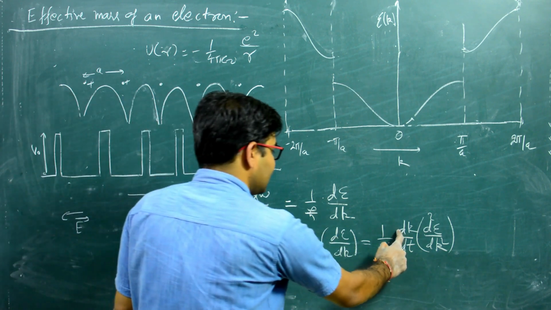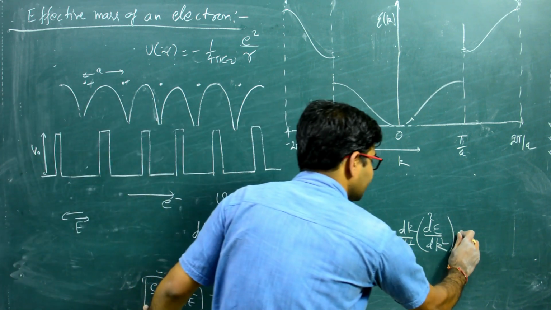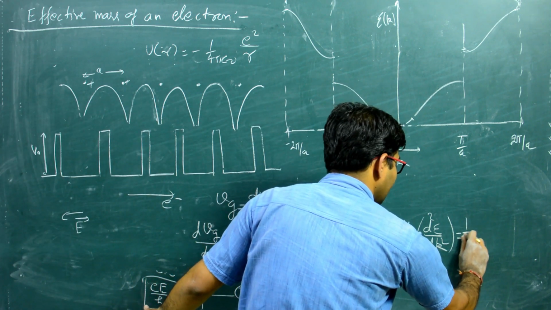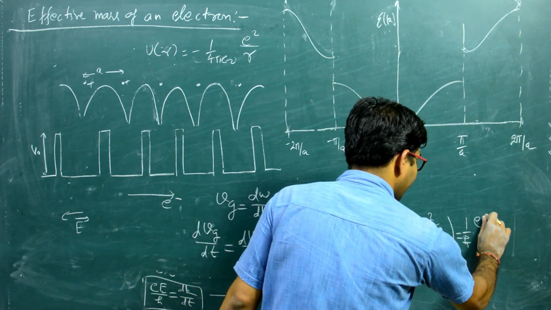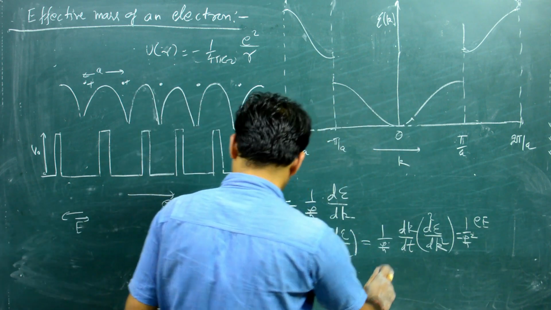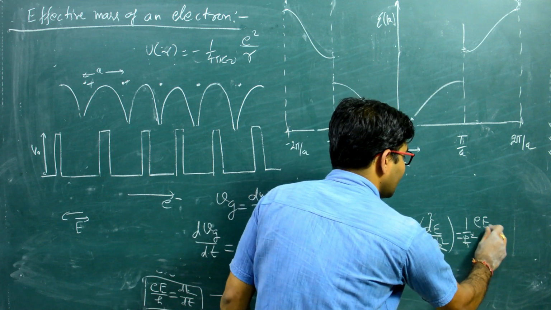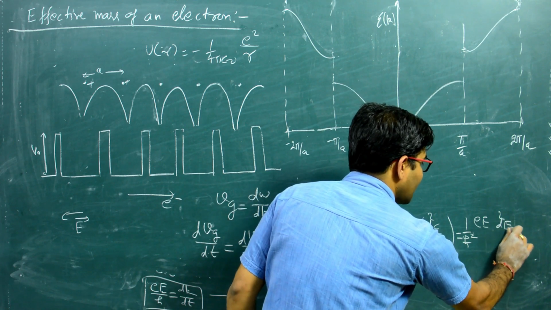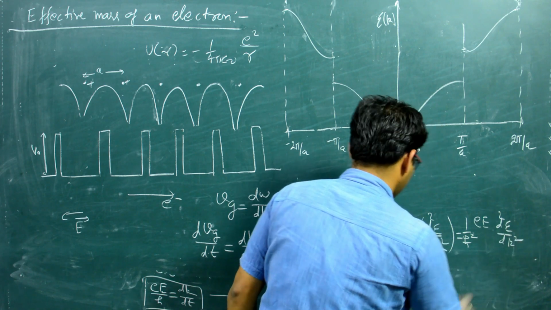Now dk over dt we have just calculated as E by h cross. If I replace it here, this becomes 1 over h cross, E by h cross, which is E by h cross square into d2 epsilon by dk2.